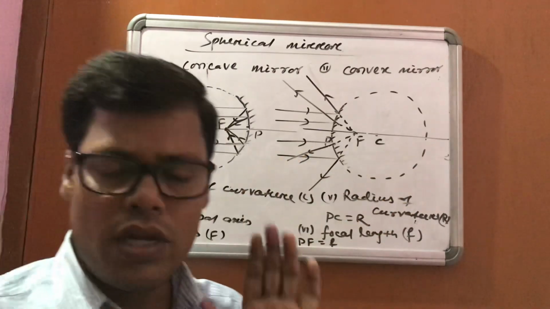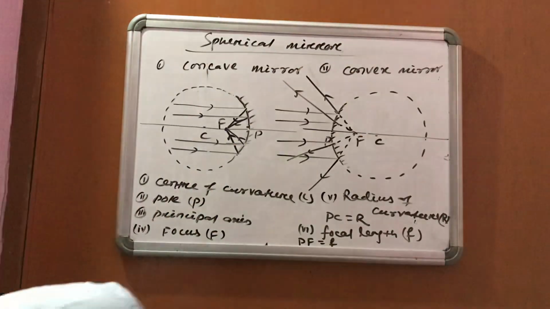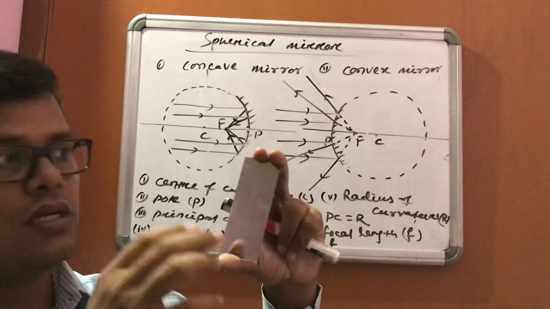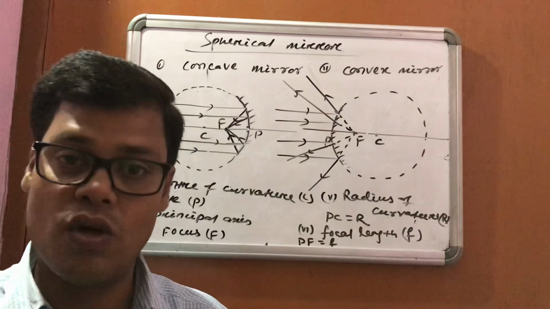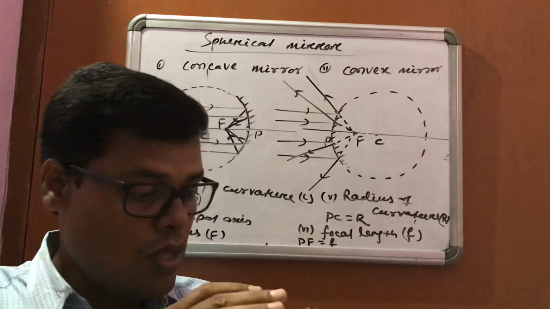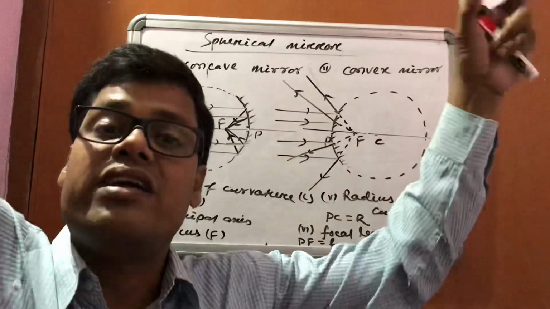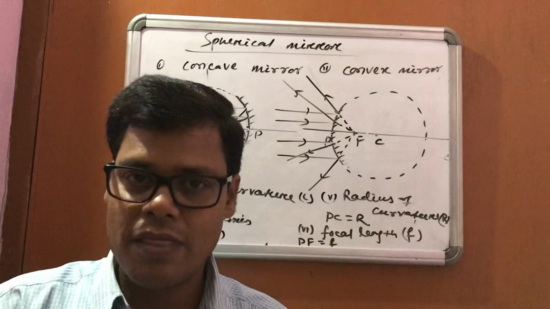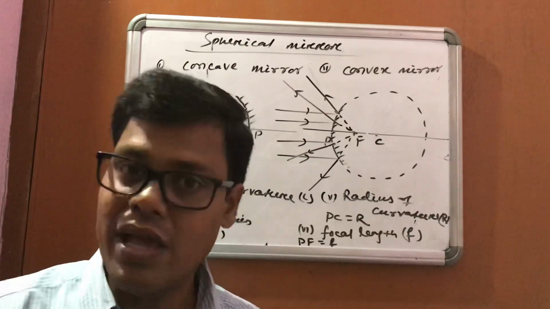Now, what is the radius of curvature of a plane mirror? This is a plane mirror. So what is the radius of curvature? There is no sphere. No, there is a sphere. A plane mirror is part of a sphere of infinite radius. Imagine, we know that Earth is spherical, but when we see the surface of the Earth it looks like a plane.